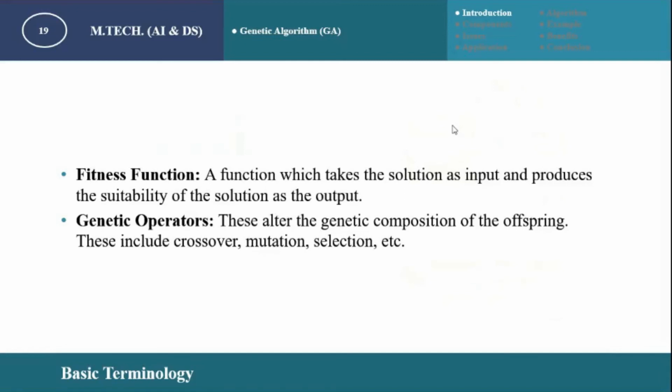These may be a crossover, in most cases involving two individuals. It may be a mutation, that is, changing a small portion of a solution. Then it may also be a selection, selection for the next generation.